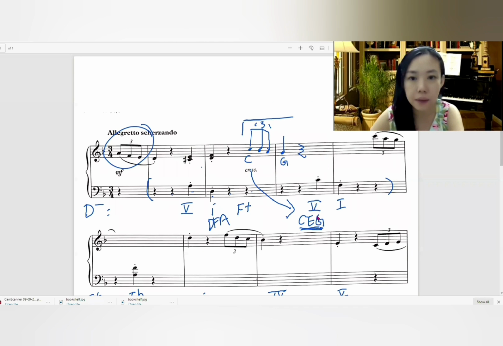And the next one, 5 to 1, we need to have the leading note, which is E, go to F, lead home. So I choose C, E, G, the chords.